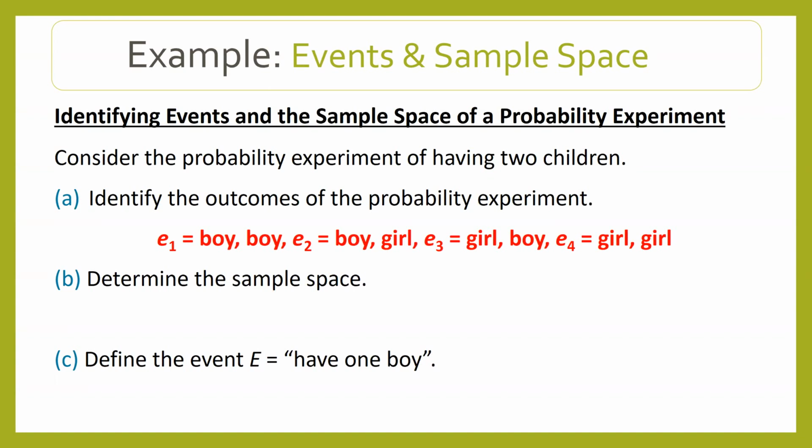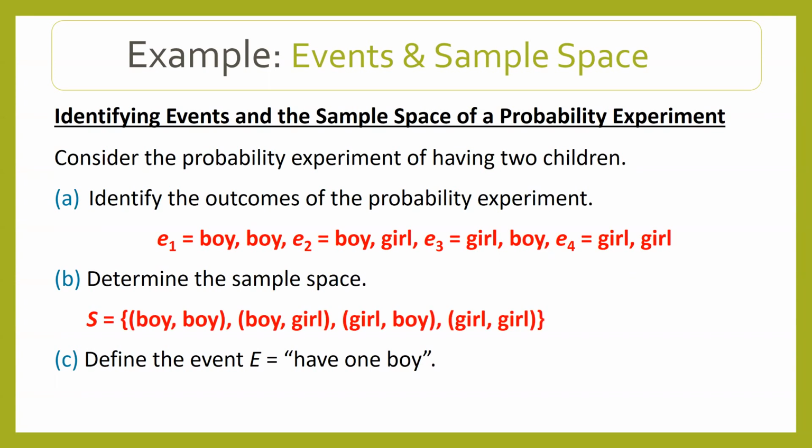Little e1 is boy. There's a possibility of having boy and boy. There's a possibility of having boy and girl. There's a possibility of having girl and boy. And then lastly, girl and girl. So what is the sample space in this case? The sample space S is the set of all these possible outcomes.